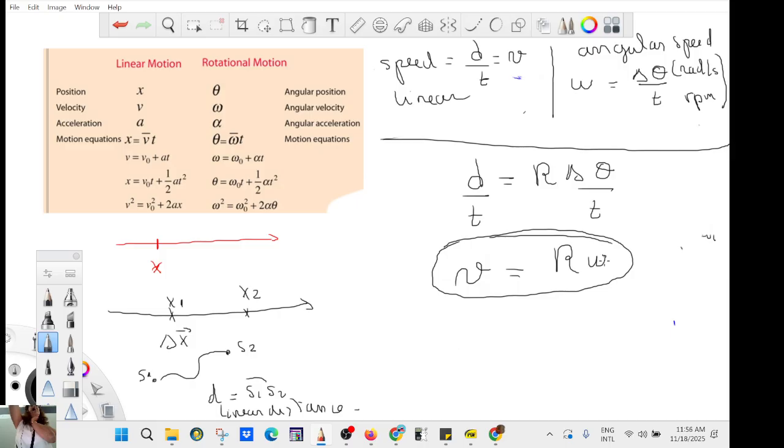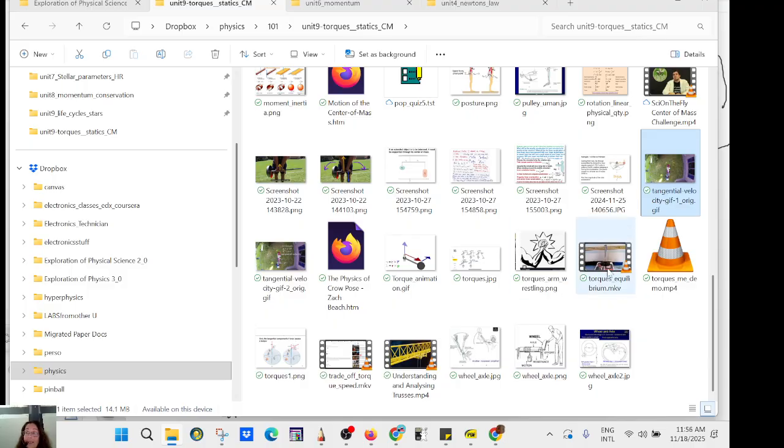So if something is spinning like this, you have to use your right hand. If it's spinning that way, the vector angular velocity will go towards you. So it's also a vector. Here you just have the magnitude, but it does have a direction as well.